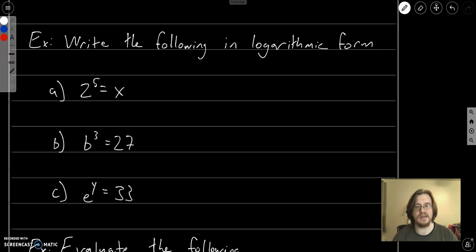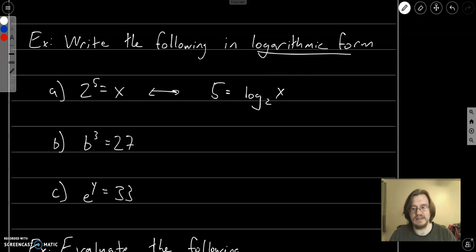We can take something that is an exponent and write it as a logarithm. So 2 to the 5th power is equal to x. So this means that 5 is going to be log base 2 of x. So again, 2 to the 5th power is going to be equal to x, so 5 is going to be log base 2 of x.